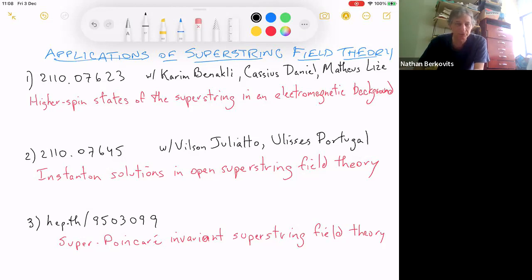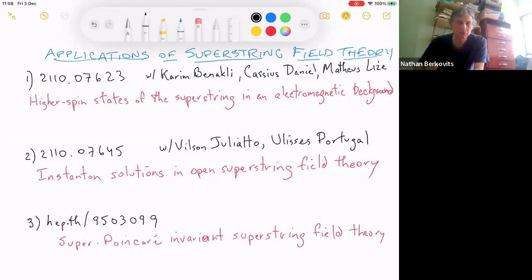If you wanted to do it in 10 dimensions, then of course you would just get massive spin 3/2 and massive spin 2. So the way we did it, we had manifest N=1, d=4 space-time supersymmetry. As I'll tell you later, there's a very nice formulation of superstring field theory with manifest N=1, d=4.